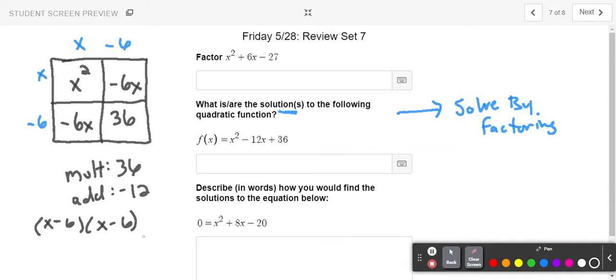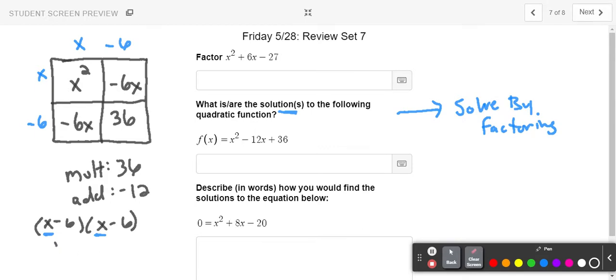So in order to solve, we want to find out what number you would plug in right here and what number you would plug in right here to make that binomial equal to 0. And you could probably do that in your head. 6 minus 6 makes 0. This other one happens to be the exact same, so this answer is also 6.